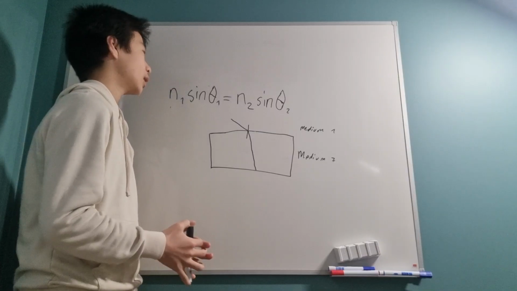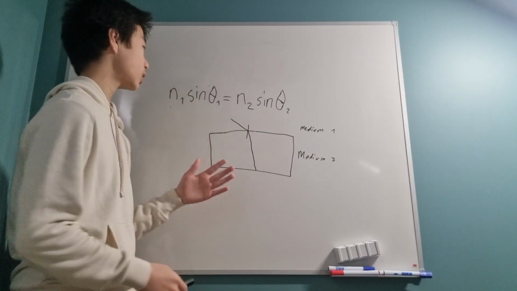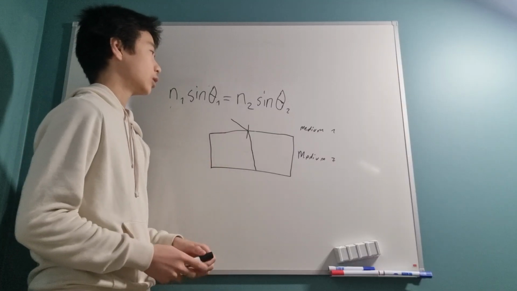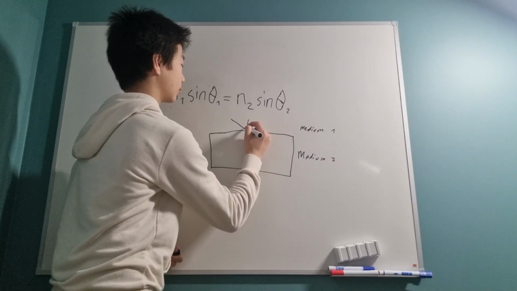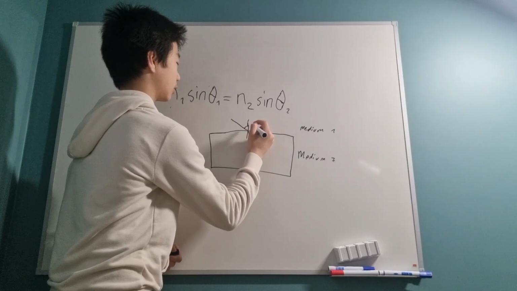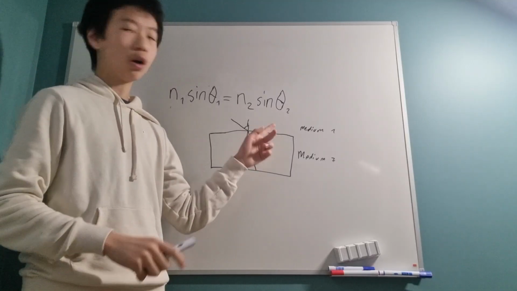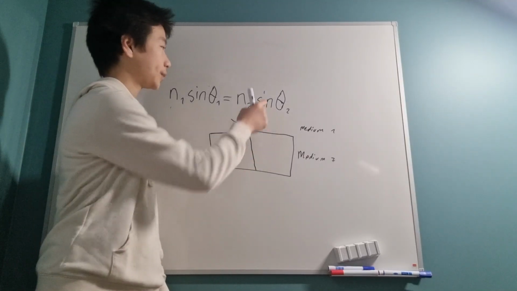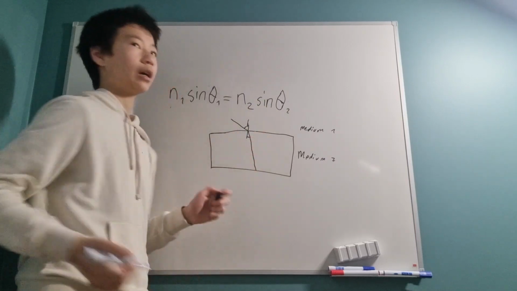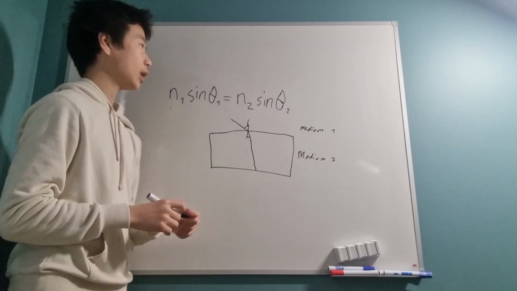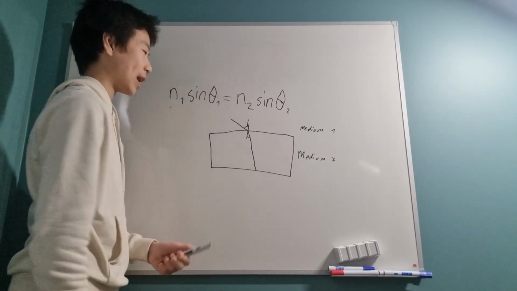And let's say you also know the angle of incidence. And now let's say we know these, and on the other side, we also know the refracted angle. So we know what angle this is. So let's do some maths and find it out.